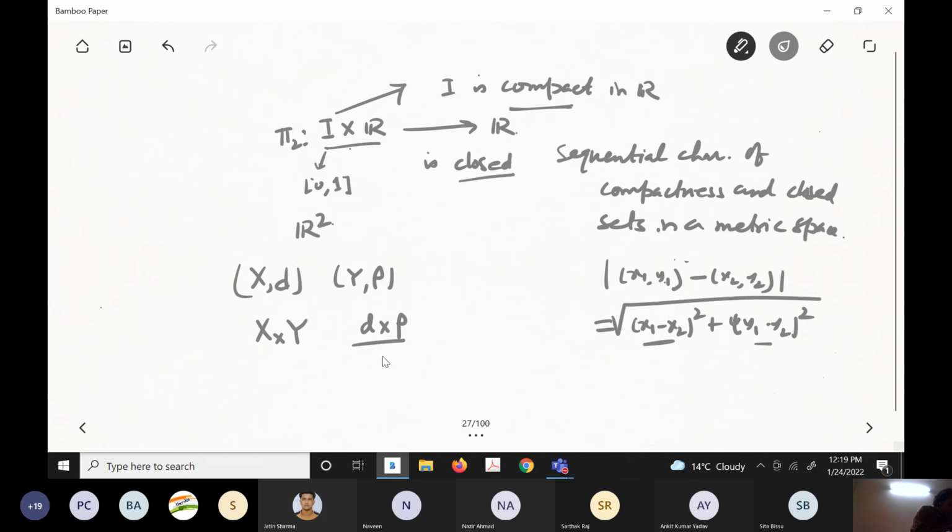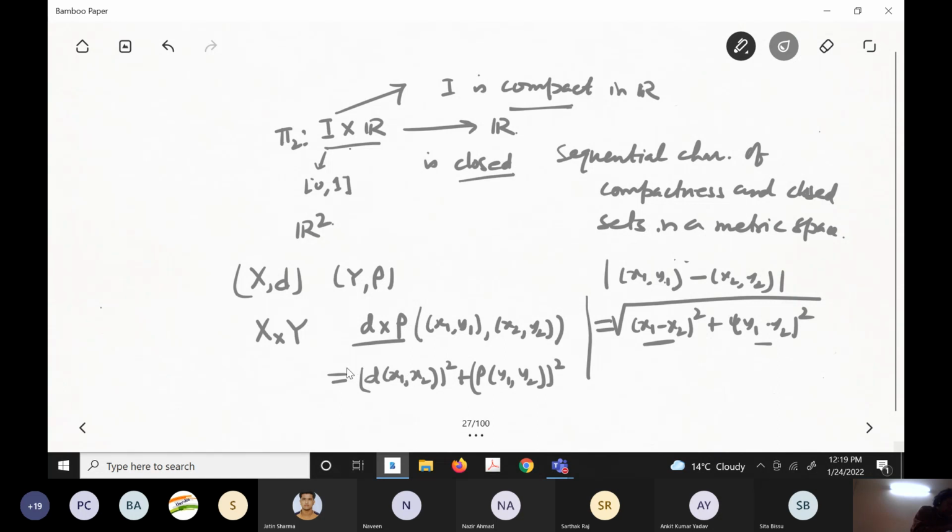That is usually called the product metric. I will take (x1, y1) and (x2, y2), and the distance is the square root of d(x1, x2) square plus rho(y1, y2) square.